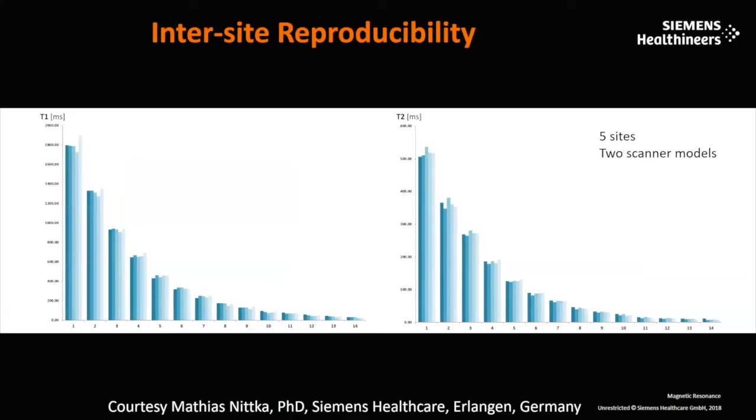So this phantom was used to evaluate the repeatability in 5 different sites using 2 different scanner models, and we can see pretty good repeatability across these sites. And these are basically phantom reproducibility scans.